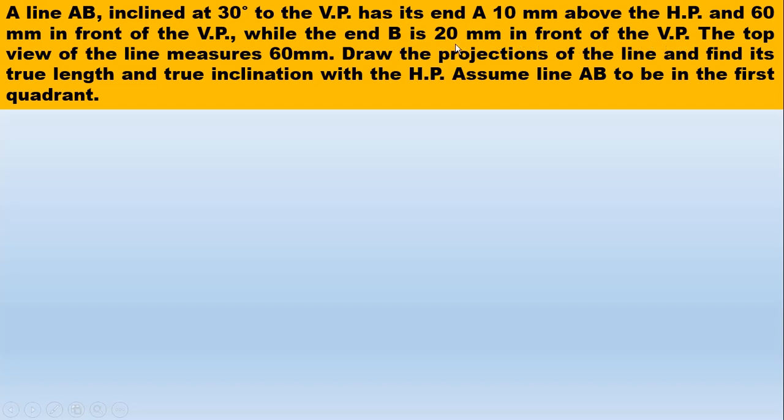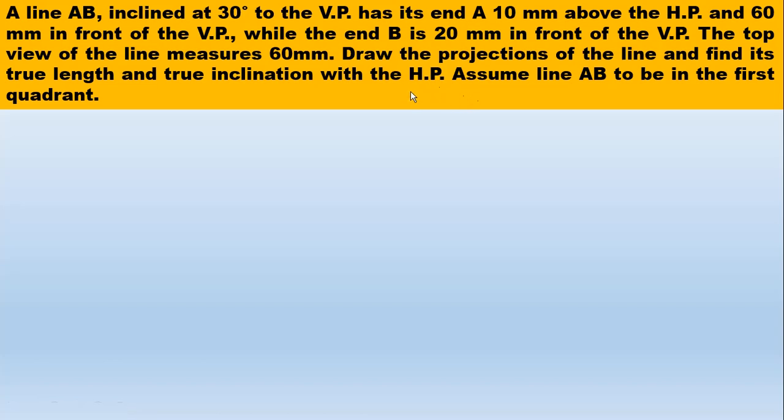So the position of the top view of the point B is given, 20 mm in front of VP. The top view of the line measures 60 mm, the length of the top view is given. Draw the projection of line and find its true length and true inclination with respect to HP. Okay, so you have to find the theta in our conventional notation.